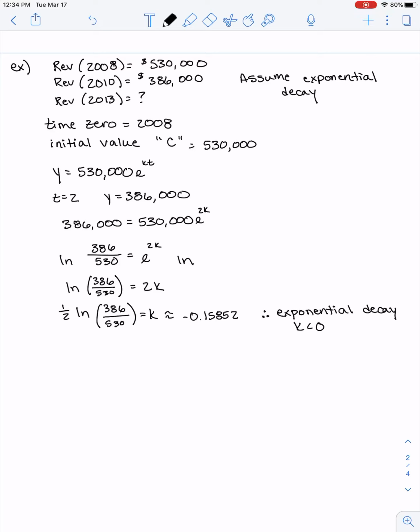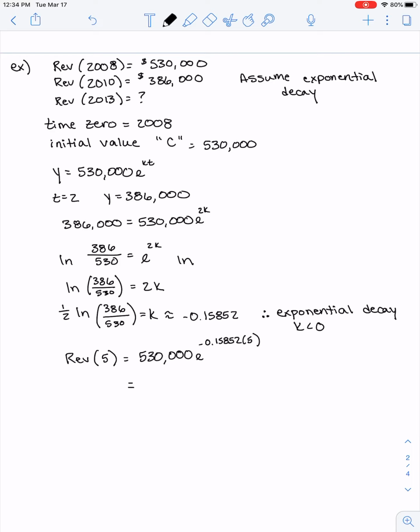Okay, so the last step is now we're trying to figure out, okay, what is revenue at time 5? Because 2013 is 5 years after 2010. So it's going to be equal to 530,000 e to the negative 0.15852 times that time.